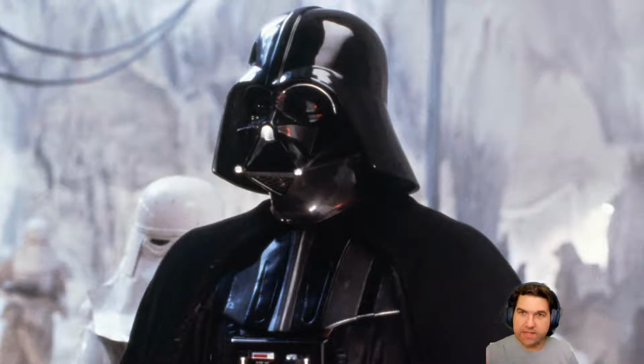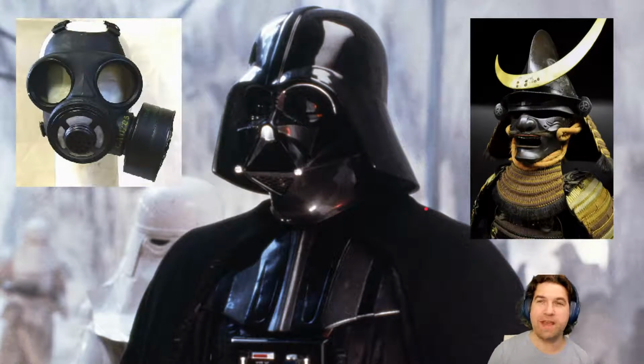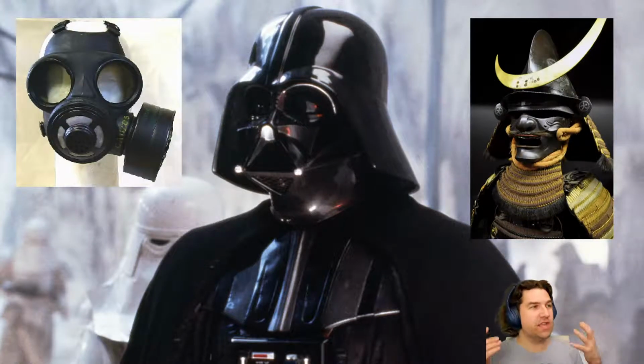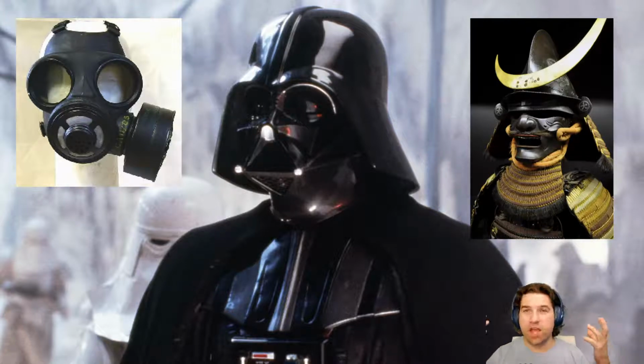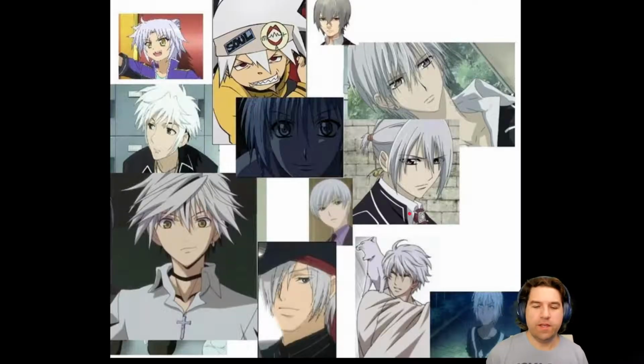It has a lot of things in it, but it shows what happens when you combine a World War II gas mask with a traditional samurai helmet. You essentially get something that no one had combined together. And a lot of the character designs you're going to make will involve combining things to make something new. We want to avoid bland and cliched things.